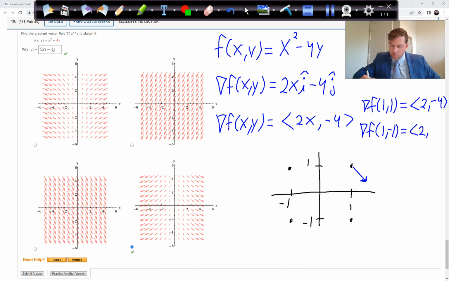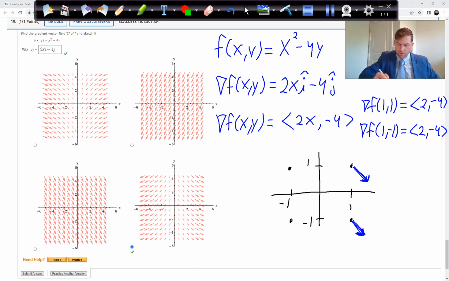This is also going to be <2, minus 4>. So the only thing that changes here is this x. In fact, the y component is always going to be minus 4. So this one's also going to go 2 to the right and 4 down, so it's going to look something like that. These should look exactly the same if I've drawn this right. Okay, like that.